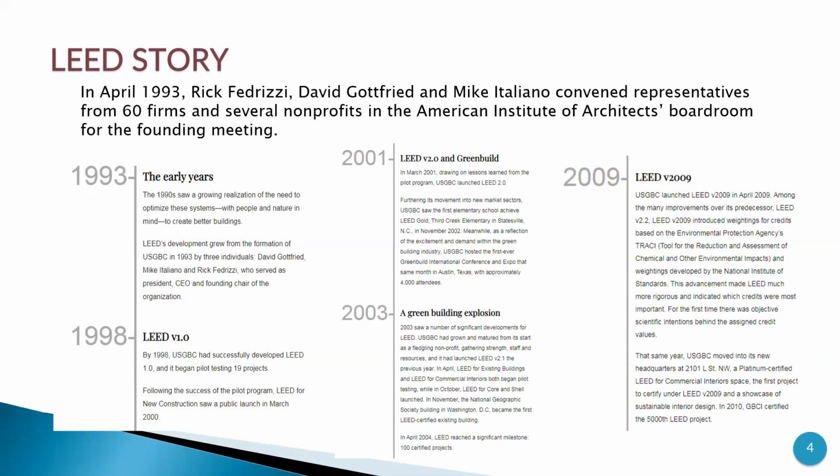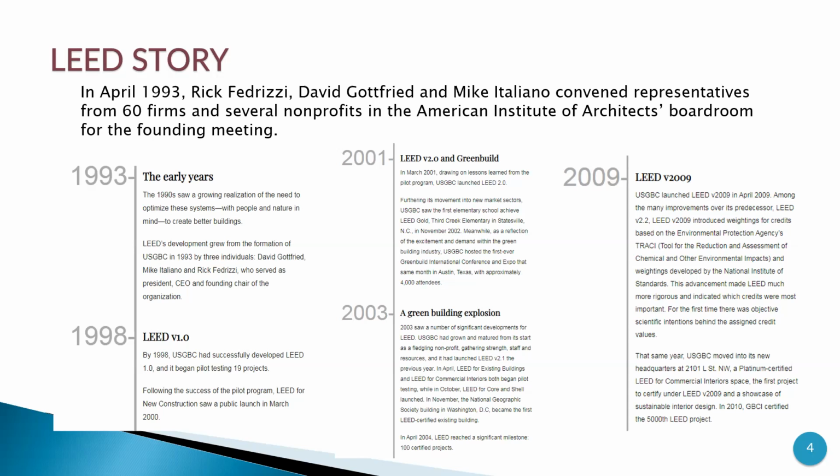Once this was developed, they started developing the rating system, taking the 3 aspects of LEED, that is people, planet, and profit, which means economically, environmentally, and people friendly strategies that can be implemented.